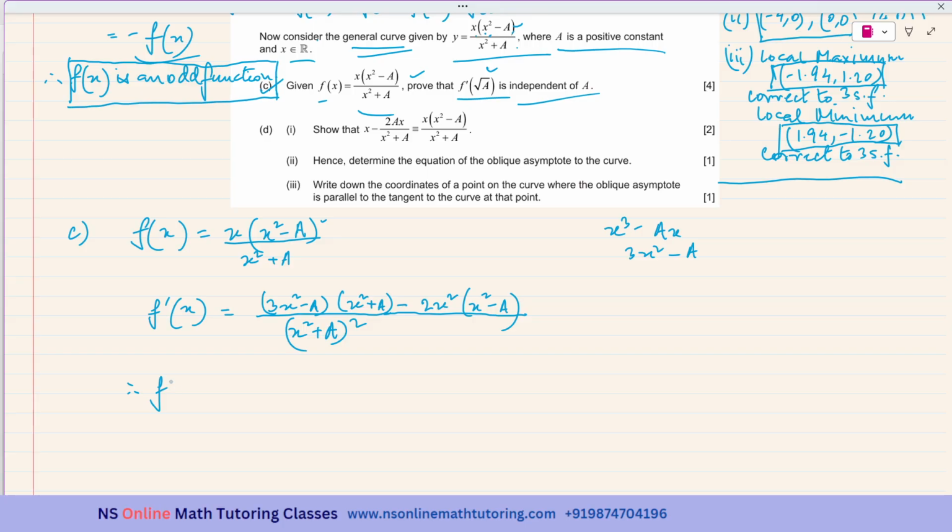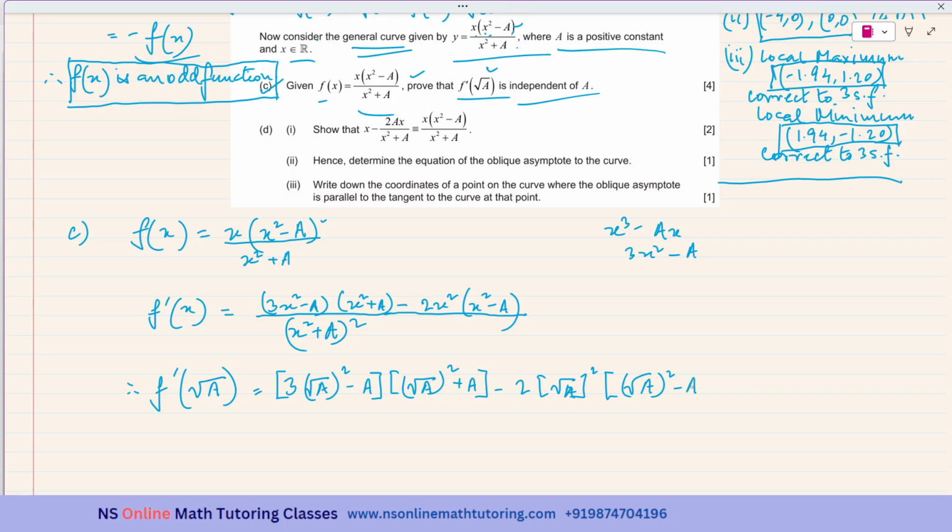So therefore f prime of square root of a will be equal to 3 times (square root of a) whole square minus a, times (square root of a) whole square plus a, minus 2 times (square root of a) whole square and (square root of a) whole square minus a, over ((square root of a) whole square plus a) whole square. Okay.